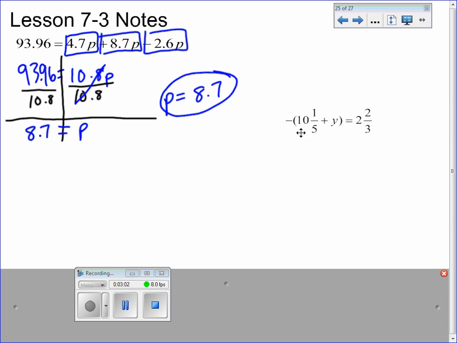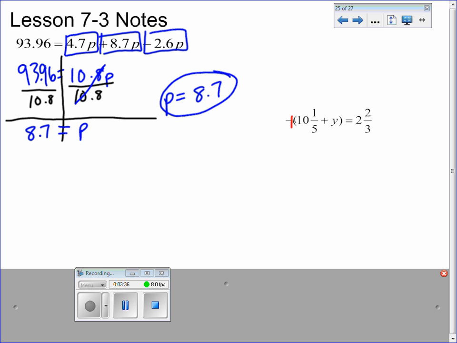Okay, we have negative, then parentheses 10 and 1/5 plus y. Like I said, there's going to be multiple steps, but you always want to either distribute first or combine like terms. In this case, we're going to be distributing. At first glance, it looks like there's not even a number out here, but we have to remember that anything touching an operation sign like that, without a number there, is going to be the number 1.